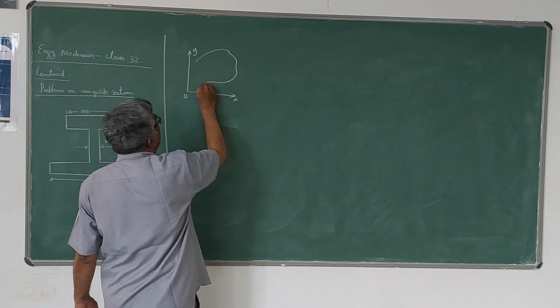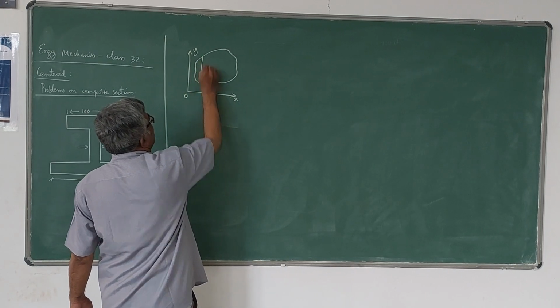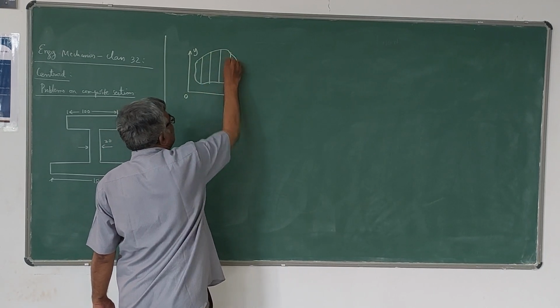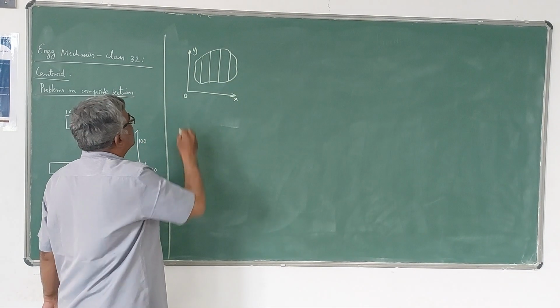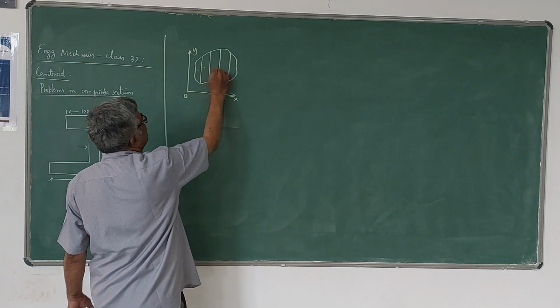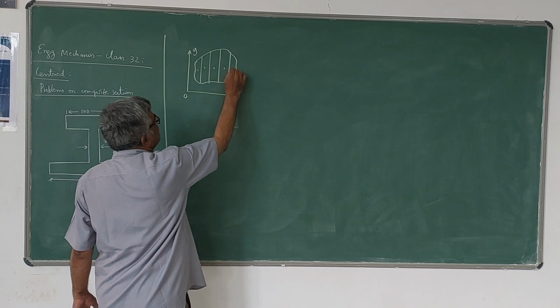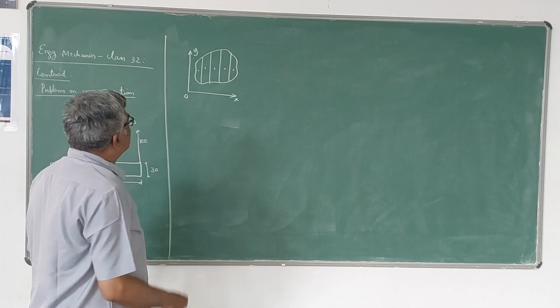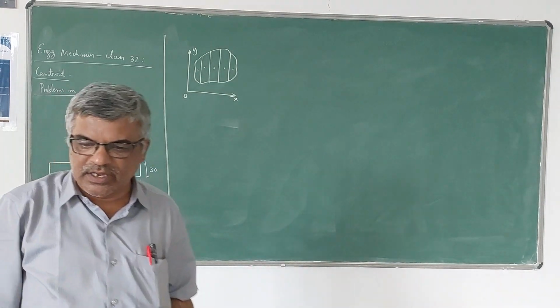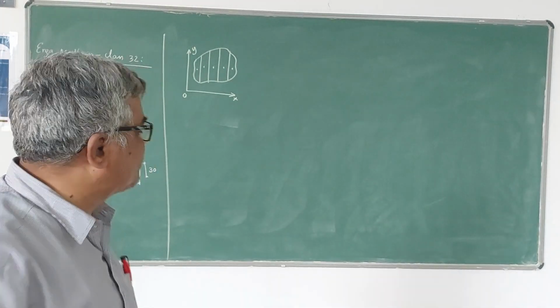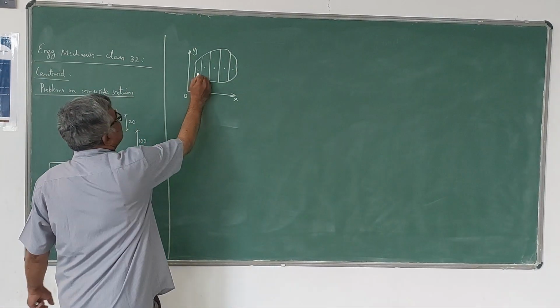You have a given composite section, and it is split into many simple sections like this. You can always locate the centroids of these simple sections, and the distances of those simple sections from the axis of reference you can easily note.